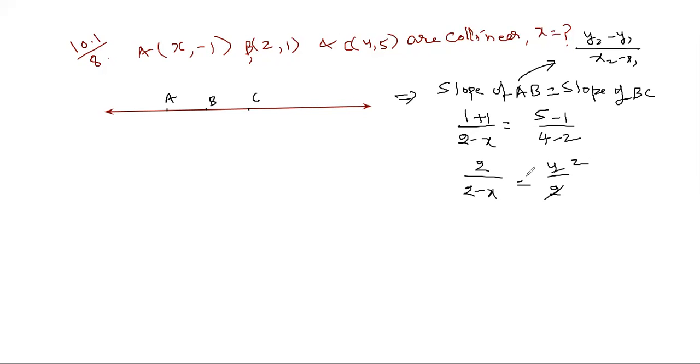This 2 can be divided from this 2, or you can cross multiply and solve, same thing. So this will be 1 upon 2 minus x. Cross multiplying, 4 minus 4x is equal to 1. So 4x is equal to 4 minus 1, 3. So x is equal to 3 by 4.